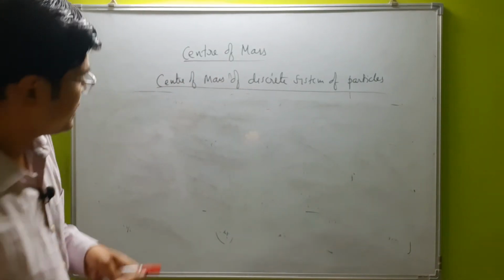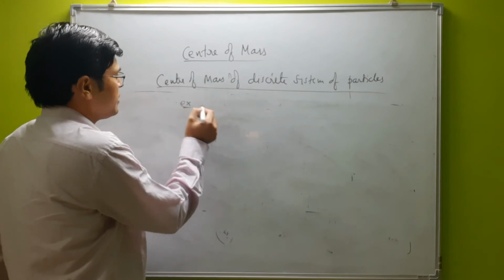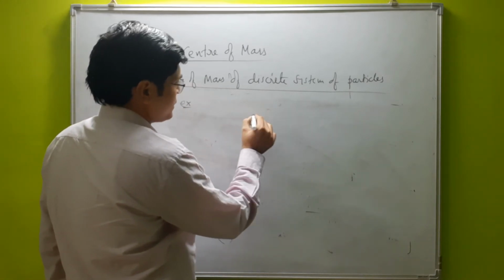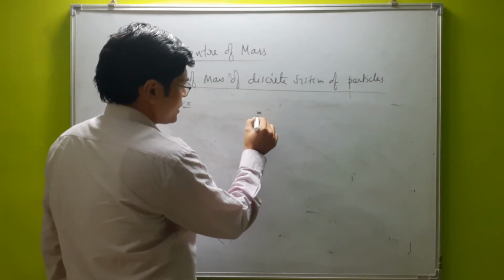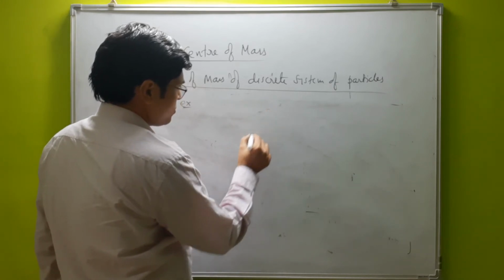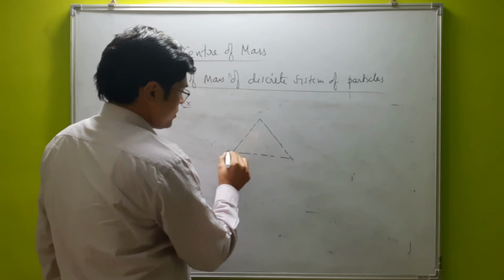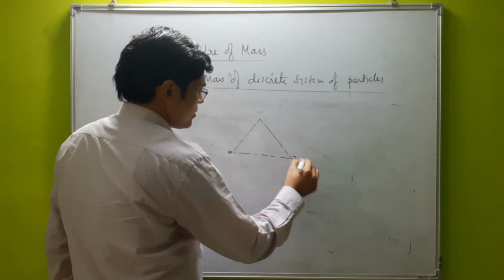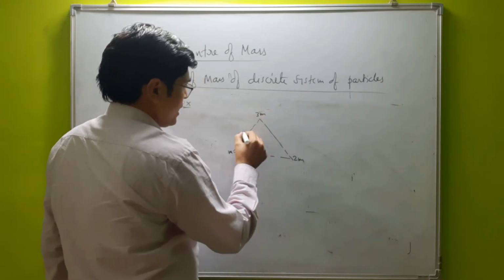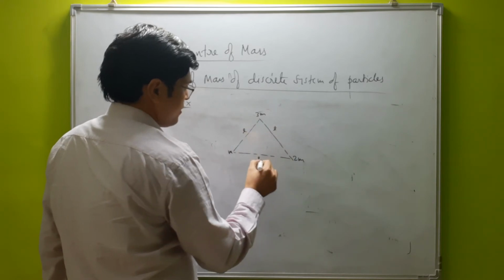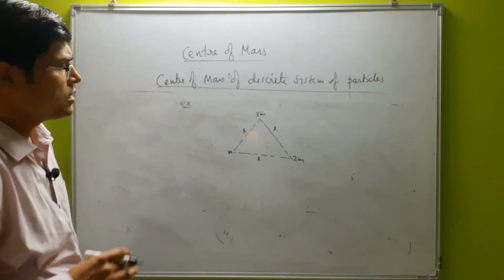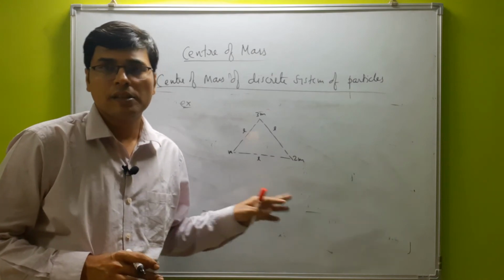Let's take three particles placed on the vertices of an equilateral triangle. So the vertices are m, 2m, and 3m, and the side is L, and we have to find the center of mass of this particular discrete system.